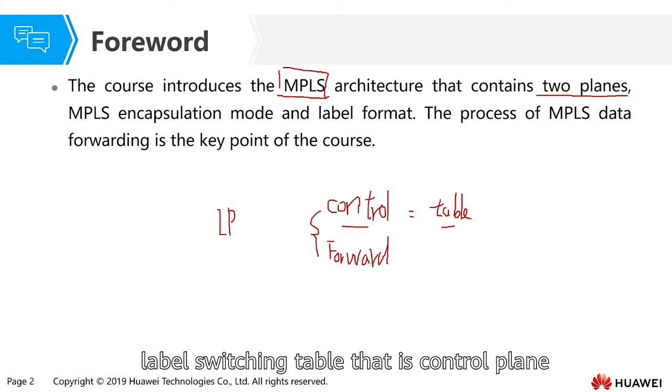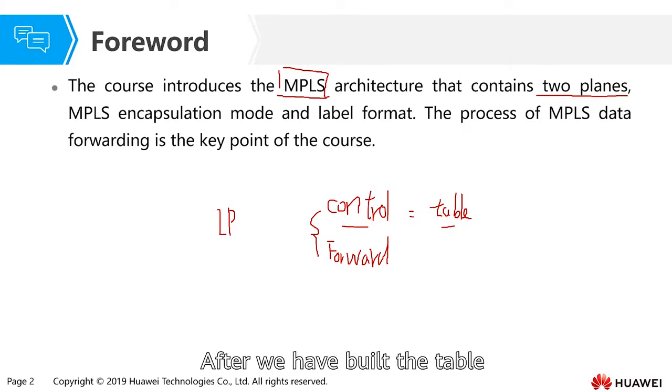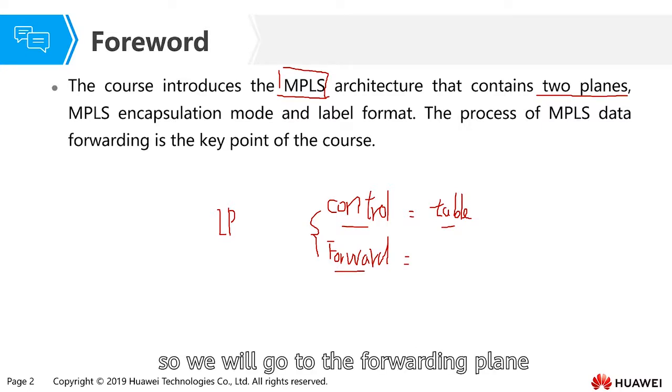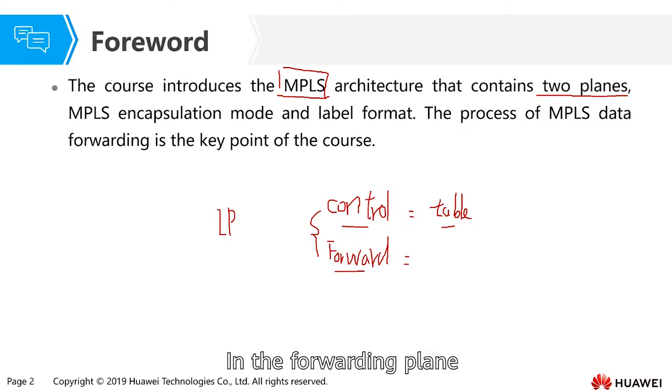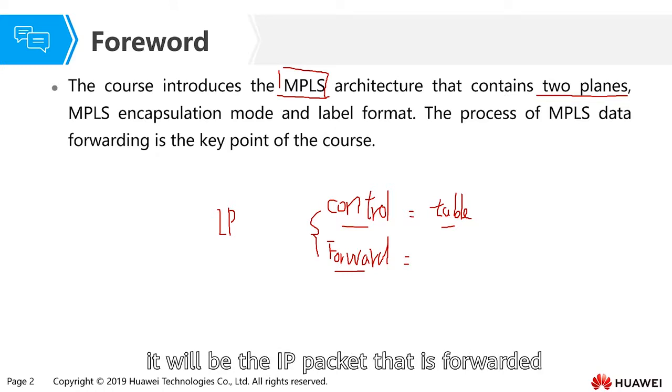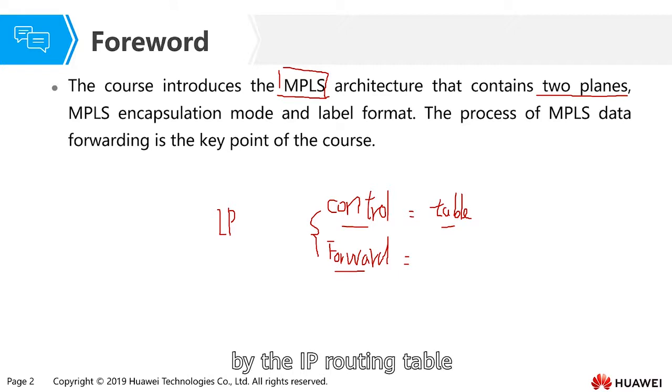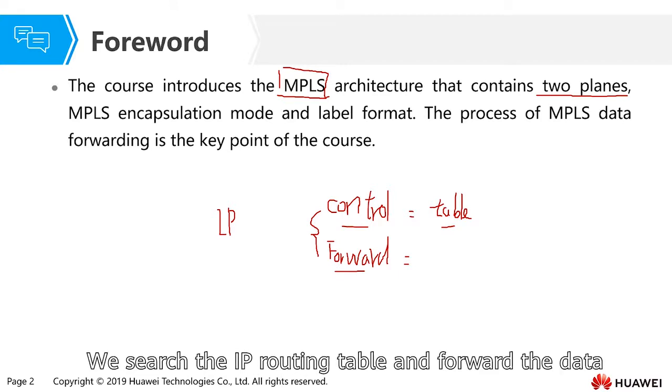That is the control plane. After we have built the table, we need to forward the data, right? So we go to the forwarding plane. In the forwarding plane, if it is an IP network, the IP packet is forwarded by the IP routing table. We search the IP routing table and forward the data.